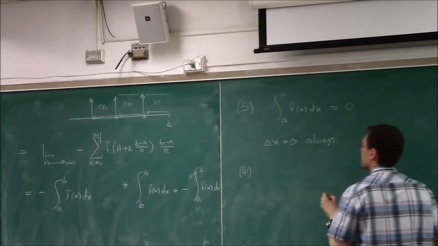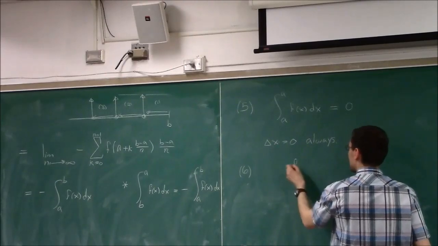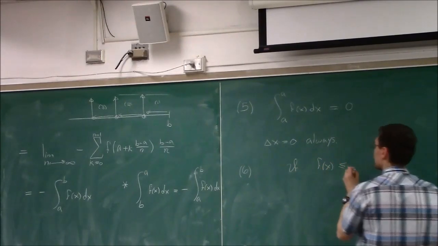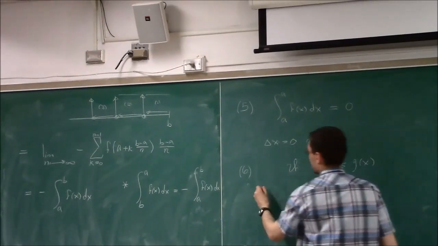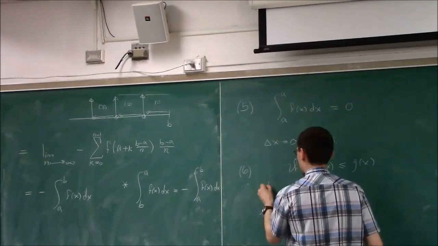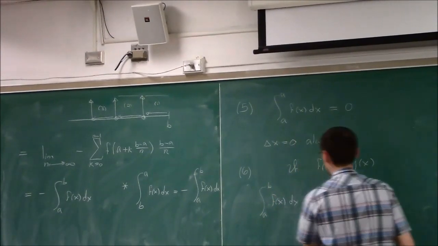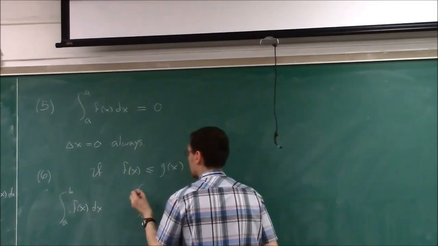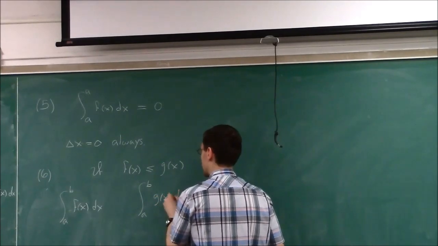Property 6. If f of x is smaller than or equal to g of x, what can you say about the integral from a to b of f of x dx, so a is smaller than b here, when compared to the integral from a to b of g of x dx?